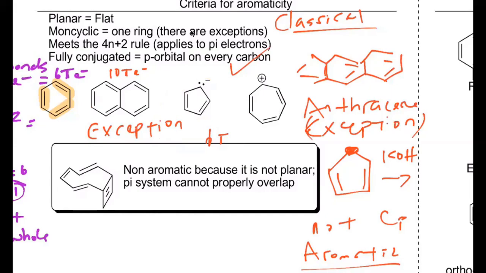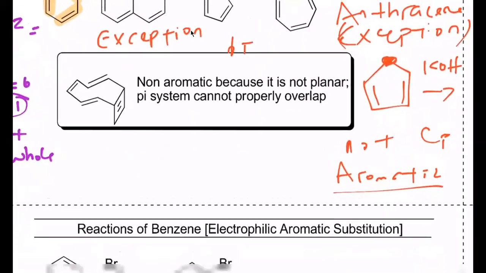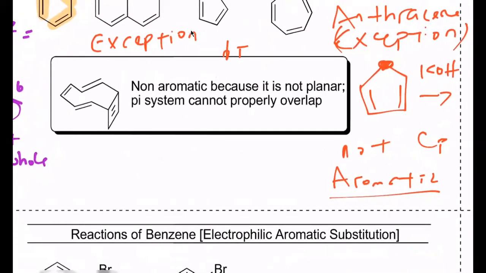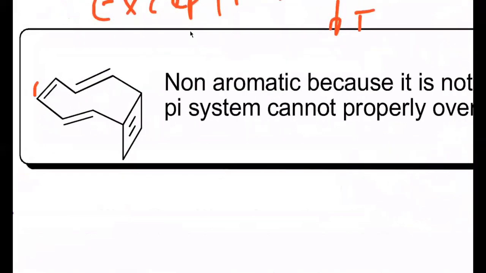All right. Any other questions? There's one other thing I want to show you, which is here. And that is the case where something would be aromatic if it weren't non-planar, because one of the rules is that it has to be flat or planar. And you don't have that here. This is a case where the planarity is not there. So it has a p orbital on every carbon.